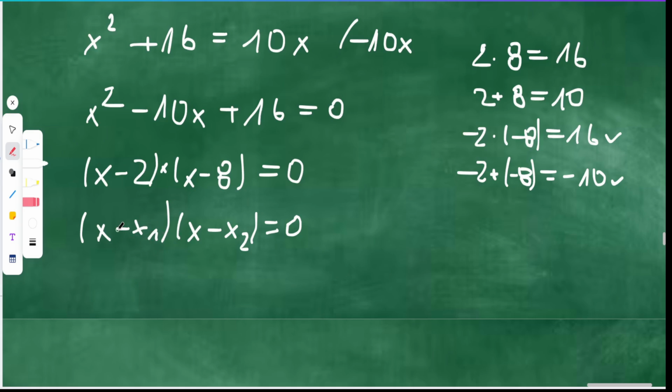Namely, next to each factor, next to each solution, there is a minus. So, for example, here as we see it, x1 is 2 and x2 is 8. However, of course, you have to remember this.